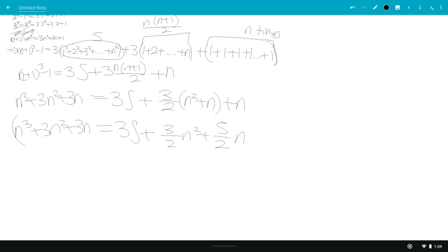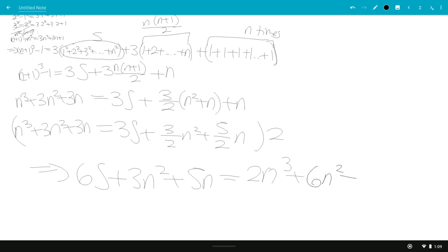Multiply everything by 2 to make it simpler, so we're left with 6S plus 3n^2 plus 5n equals, on the other side, 2n^3 + 6n^2 + 6n.